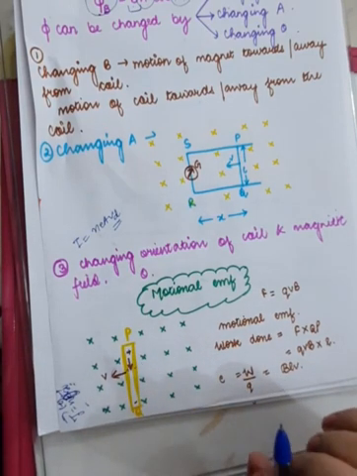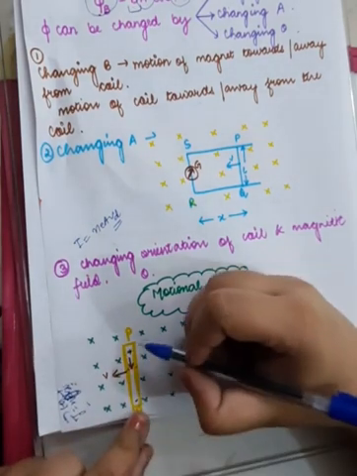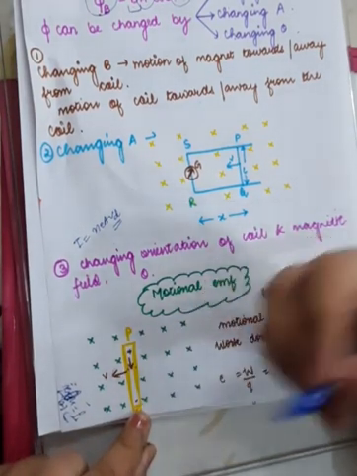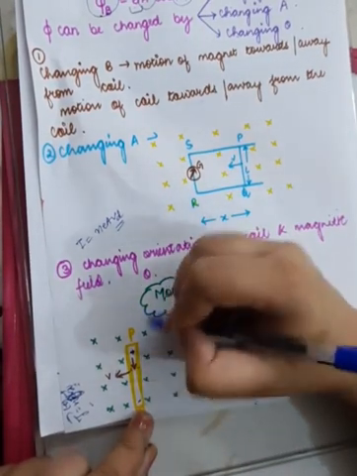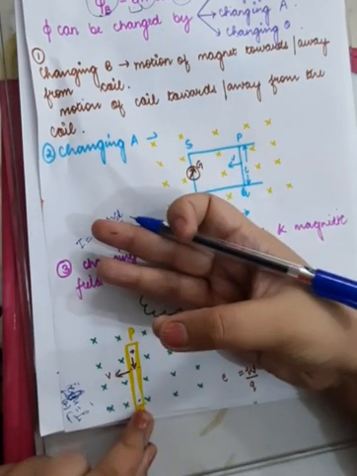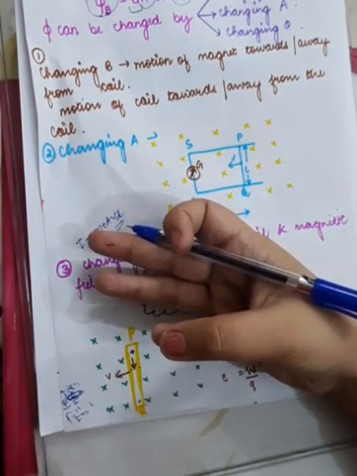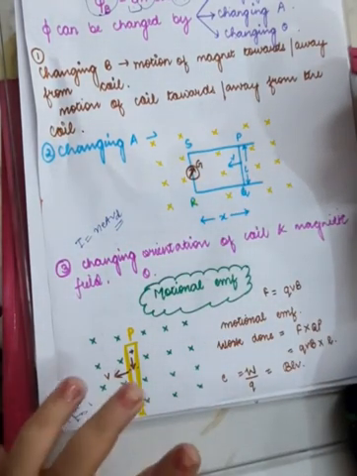When they start accumulating at the ends, potential difference will be created, and when potential difference is being created, electric force will be there. So there is magnetic force which is moving the charges, and there is electric force which is moving the charges.